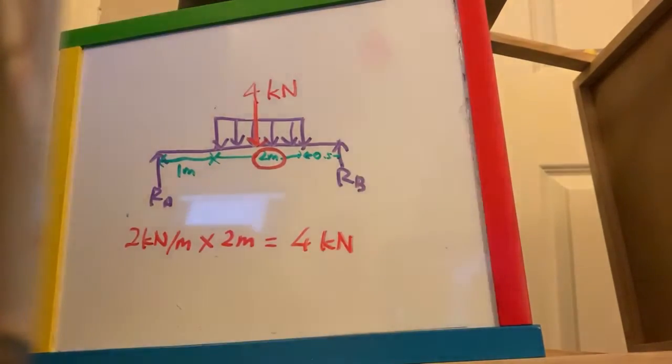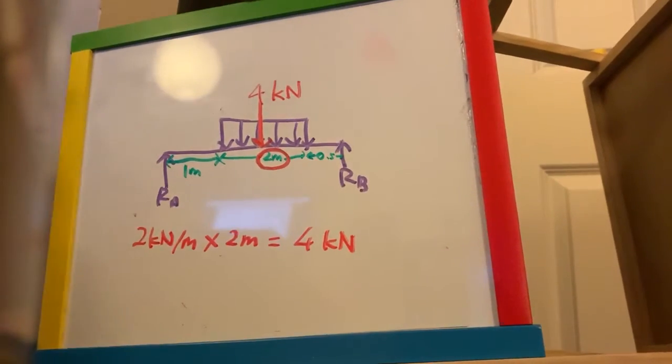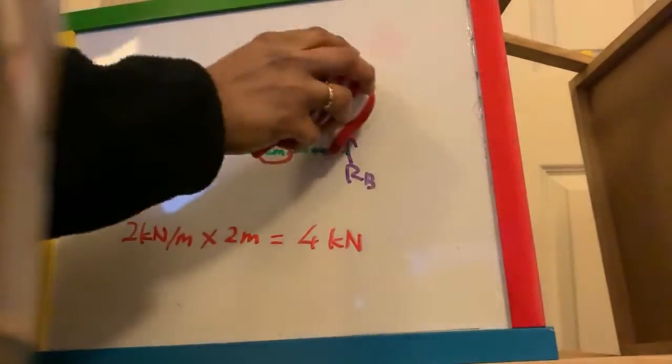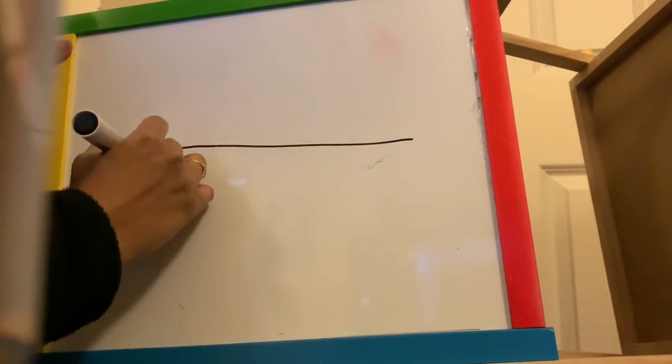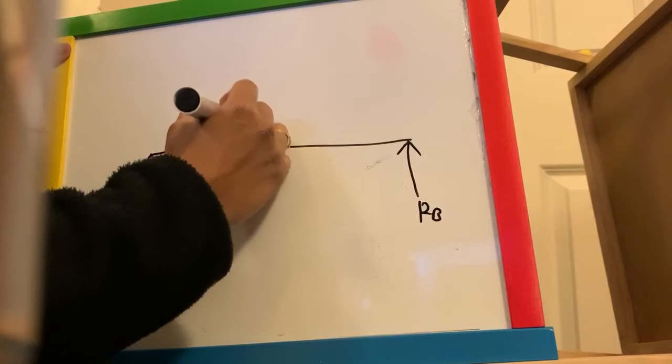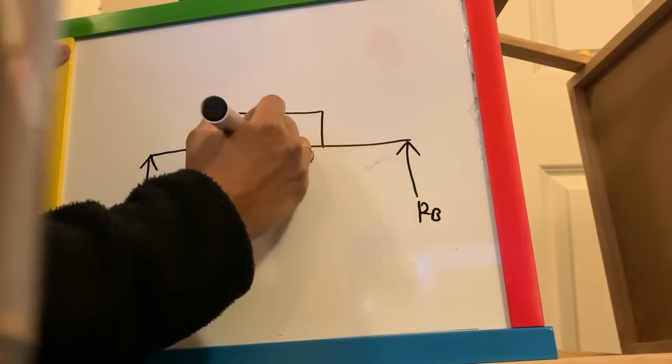All right, let me show you another example. Let's try one more example. Let's say we have a support there and there, and we have a uniformly distributed load there.